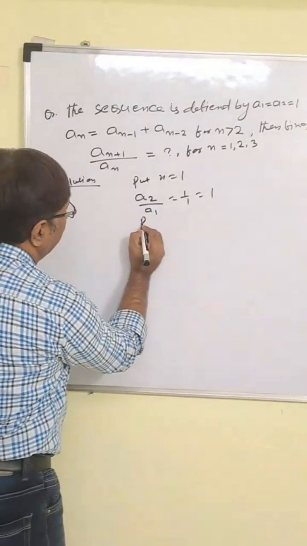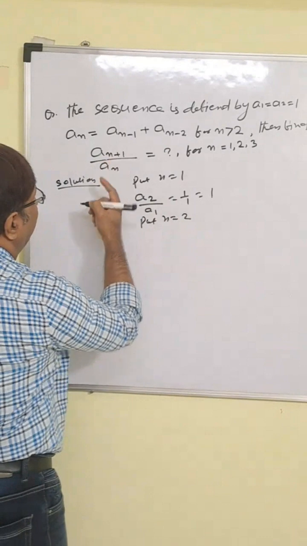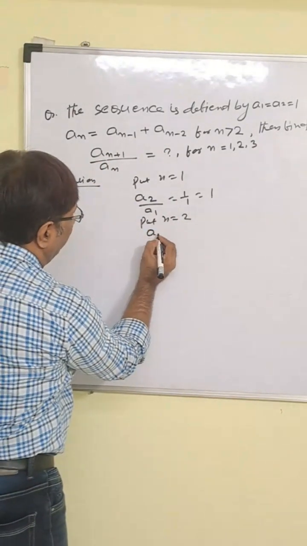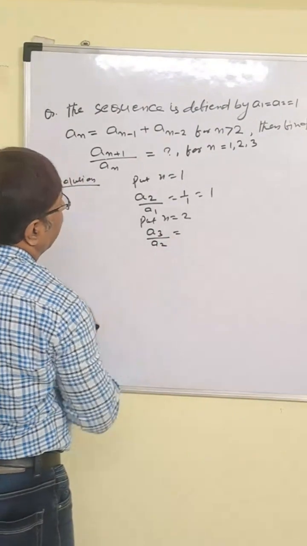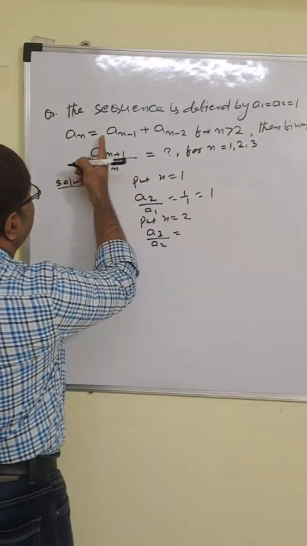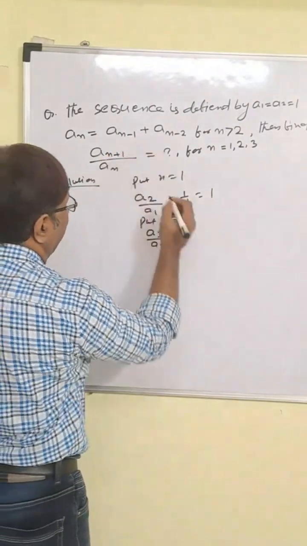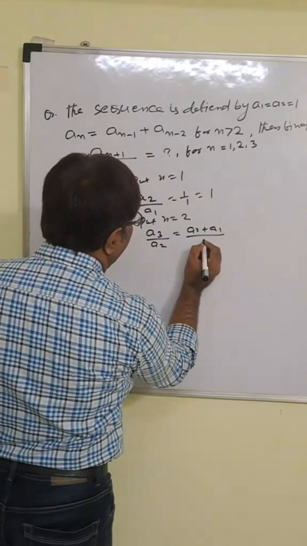Now put n equal to 2. So this is An plus 1, so it will be A2 plus 1, that is A3, and here A2. When we find A3, A3 means A2 plus A1. So this is A2 plus A1 upon A2.